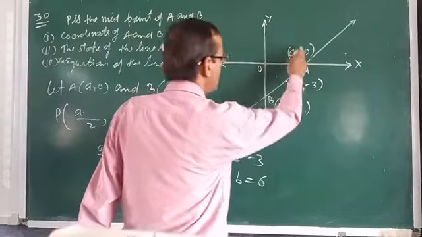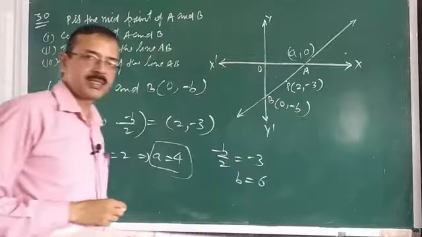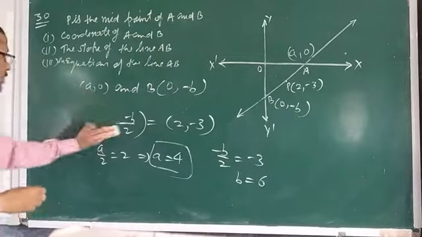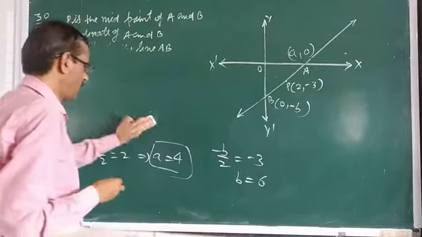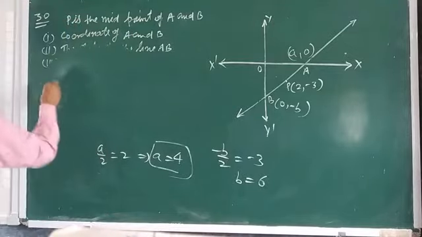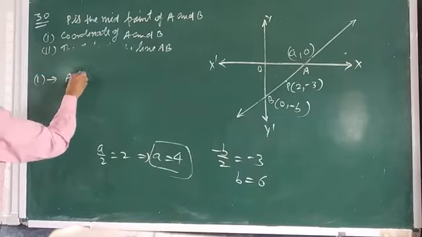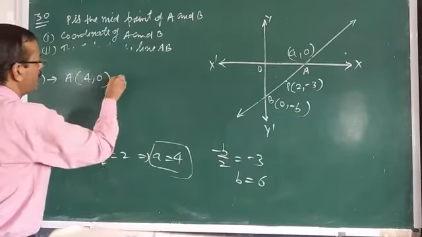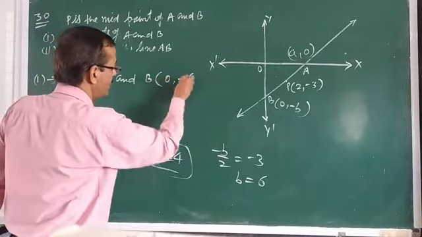Point A will be 4 comma 0 and point B will be 0 comma minus 6. So the first part's answer has come: A is 4 comma 0 and B is 0 comma minus 6.